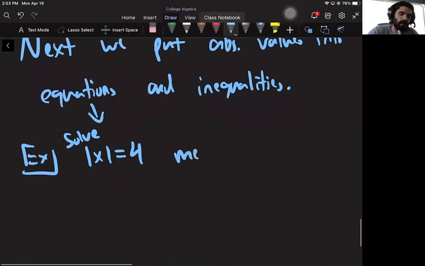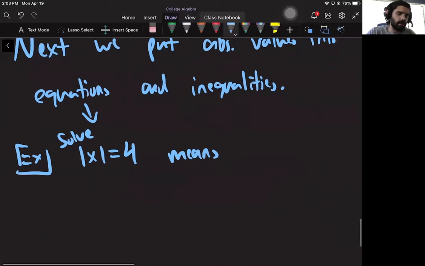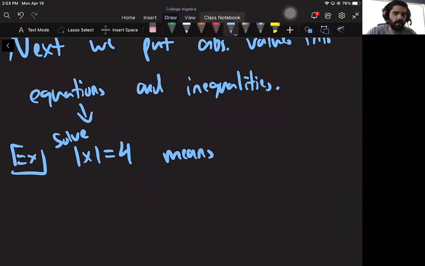This is really saying that x is this mystery number that I don't know, but what I do know about it is its distance away from 0 is 4.